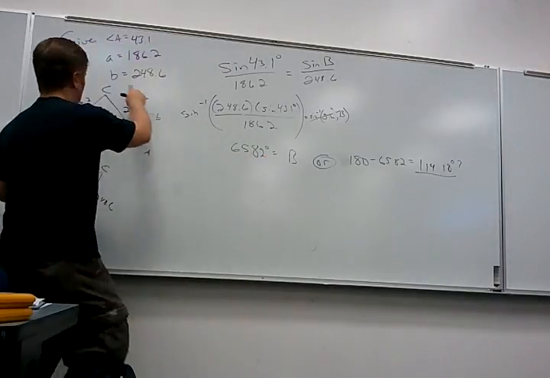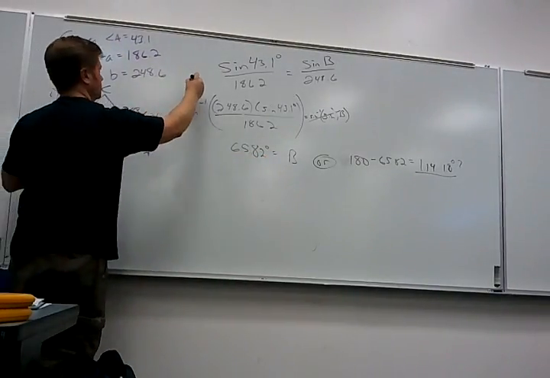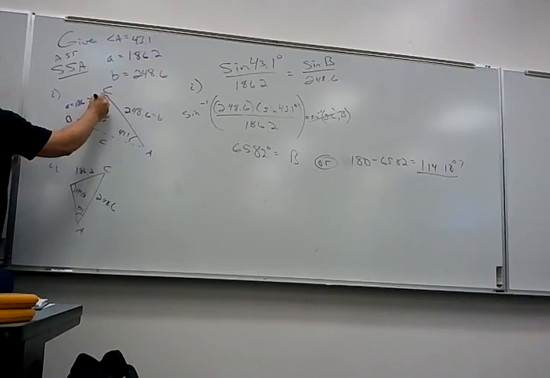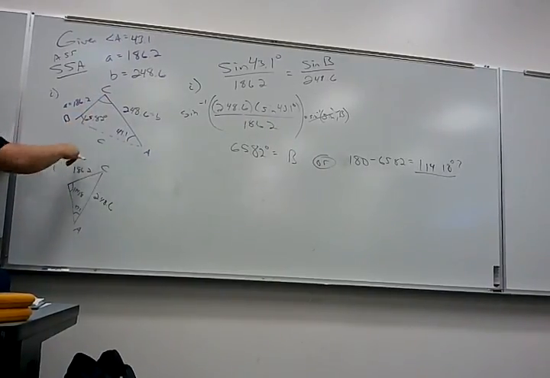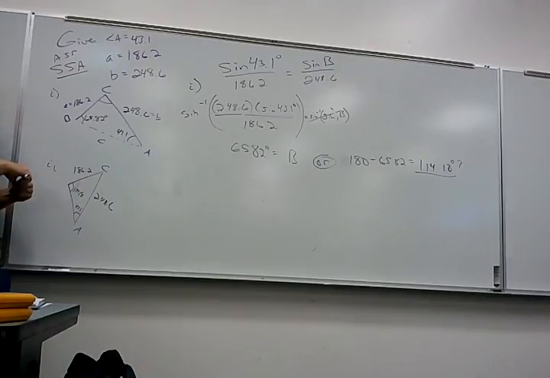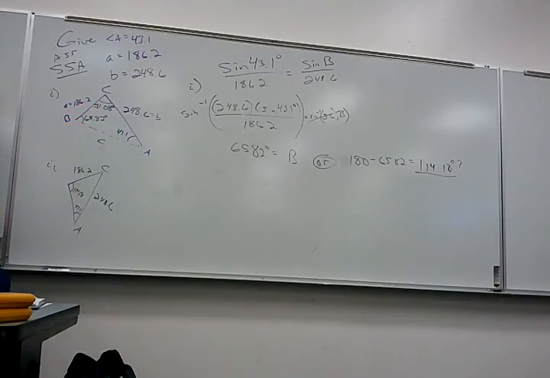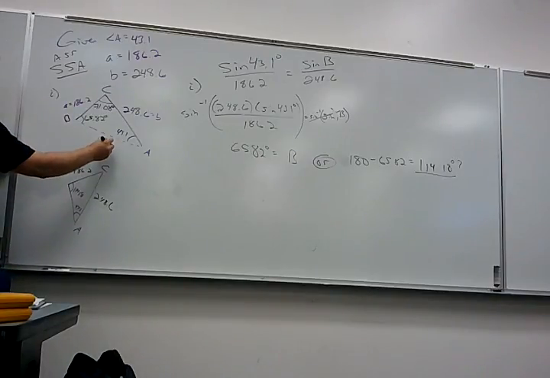What else do I still need to know here? This is case one. I still have C, and we know C is 180 minus this stuff. Let's see, what is that? 71.08. Everybody with me? Once we get two angles, we get the third. Do we still need anything else? We still need little c, right? And what can I use to get c?